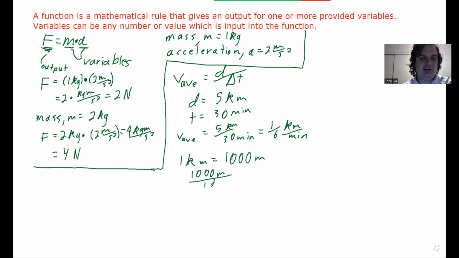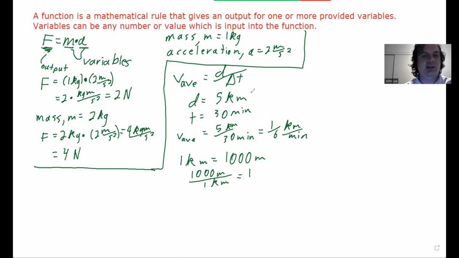divided by 1 kilometer is just equal to 1. So that was dangerously close to doing algebra, but basically, if one value is equal to the other value, then if you divide those two values by each other, it's going to equal 1.